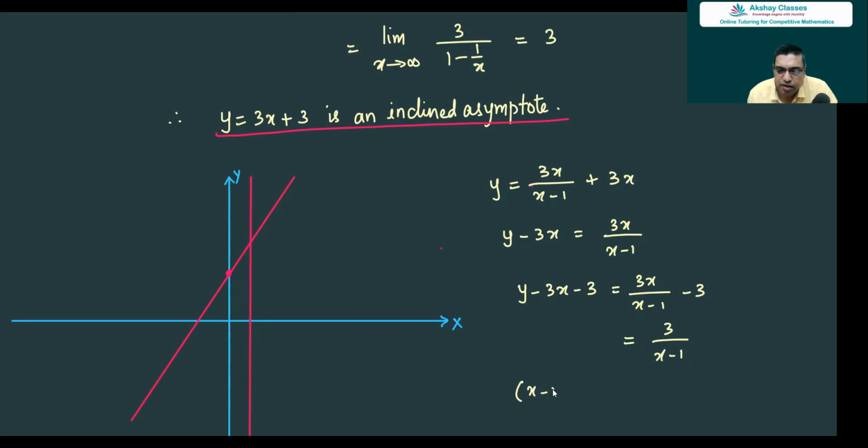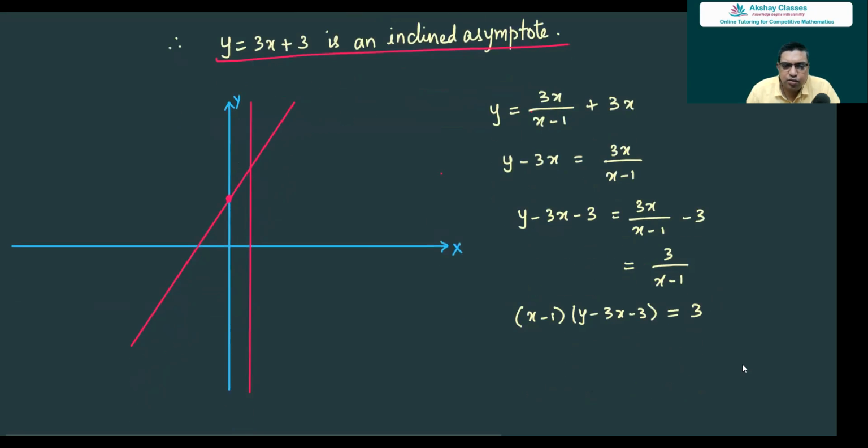So I get x minus 1 into y minus 3x minus 3 equal to constant. So we can see now either the curve lies in this region or this region. So you should take one of the points here and check for what value of x you will get the value of y. So here, of course, L1 L2 is equal to 3.